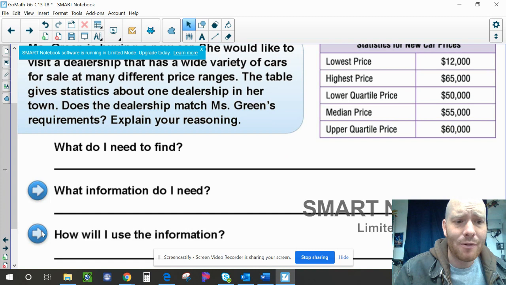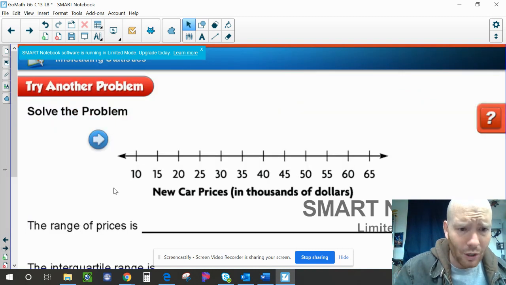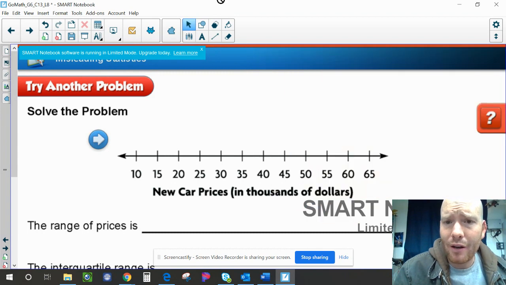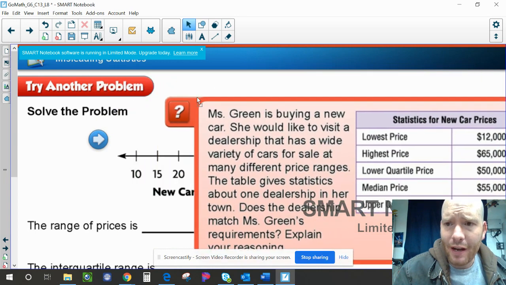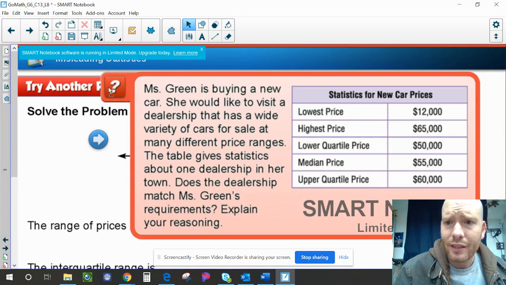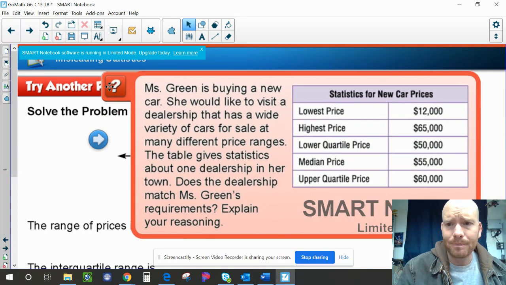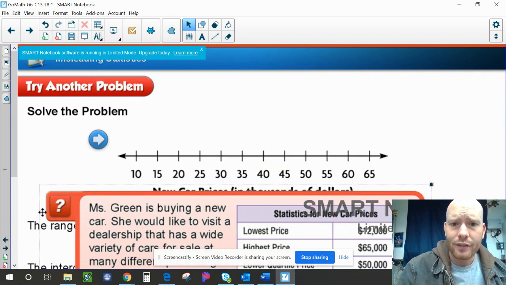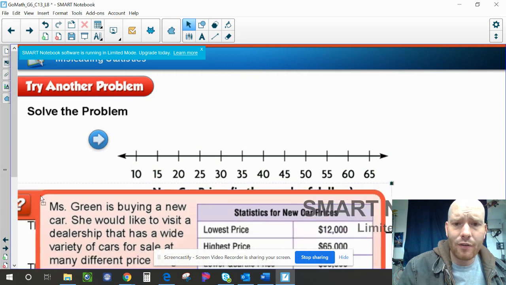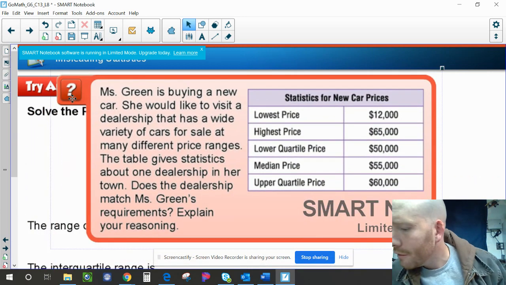We're going to use that information in the chart, and we're going to look at the range of this. So our highest is $65,000, and our lowest is $12,000. Let's find the range. How do you find the range?